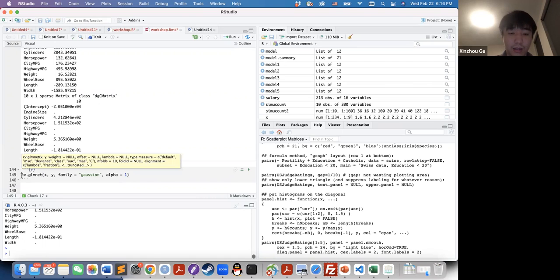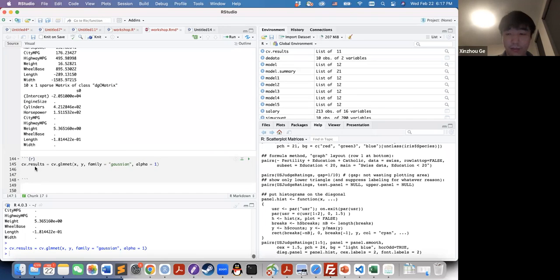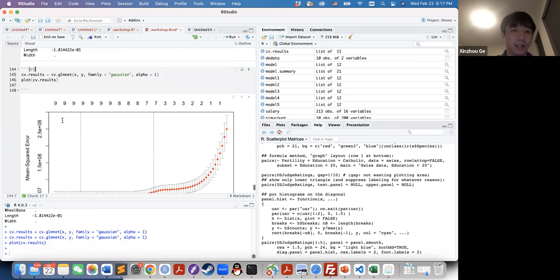And we can use cv.results to save the result of this cv.glmnet function. Then we can make a plot of this output of the function to see what it looks like. Here CV means cross-validation.